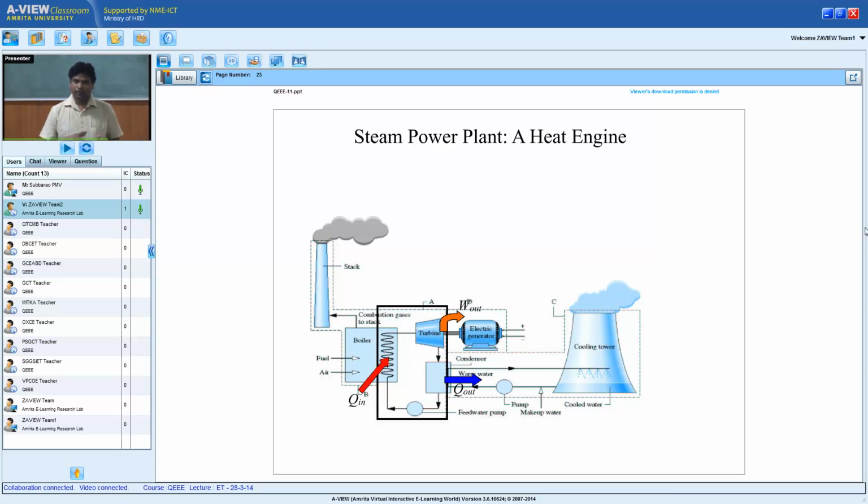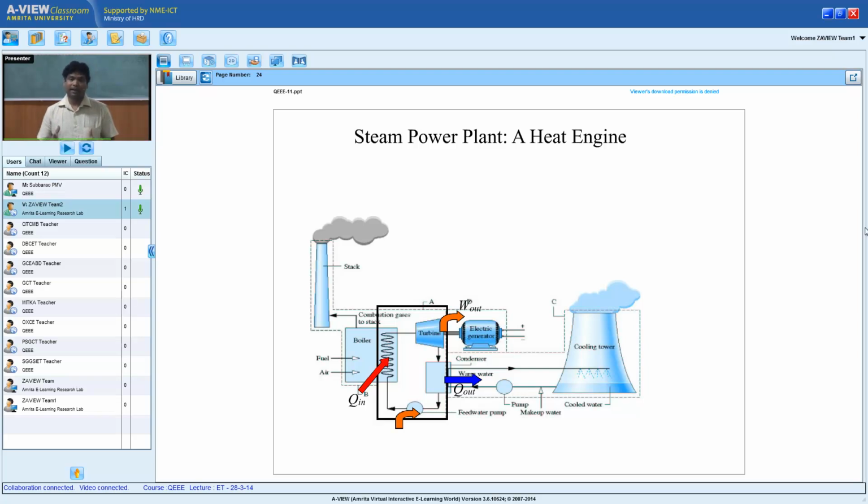But to make the cycle continuously run, in a typical steam power plant, now 2% of this power has to be given to the pump. So if the turbine produces 100 megawatts, around 2 megawatts will go back to the system. That's how the net power I can get will be only 98 megawatts.